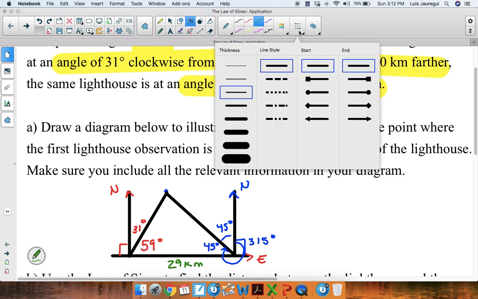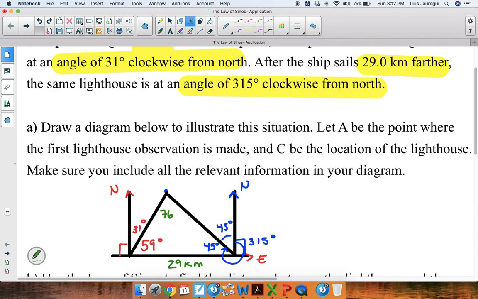How do we do that? Well, we know that the sum of interior angles in a triangle in Euclidean geometry is always 180 degrees. So we're going to add these two measures and subtract them from 180 degrees, and that will make this particular angle 76 degrees. So that gives you your diagram.